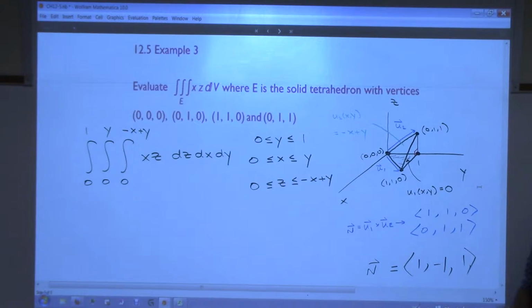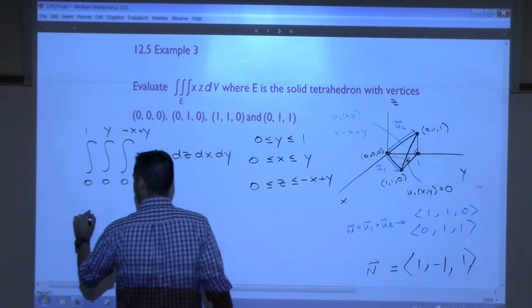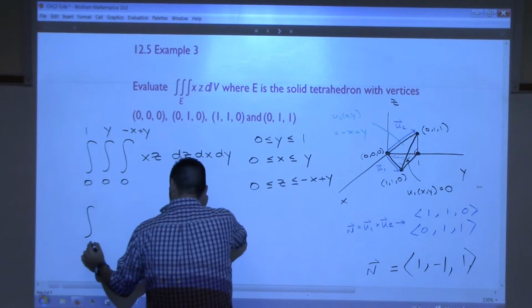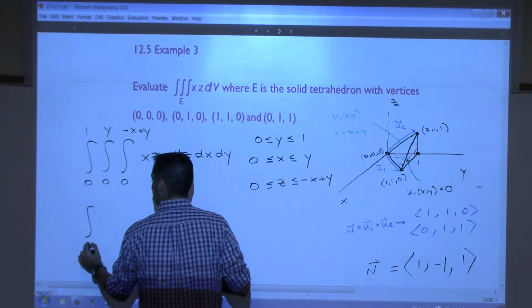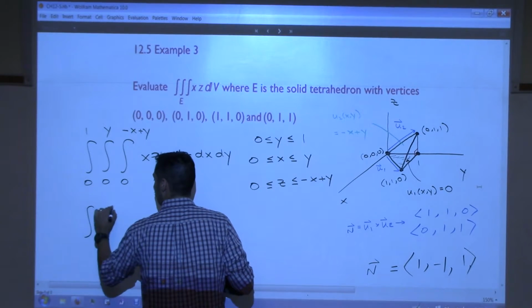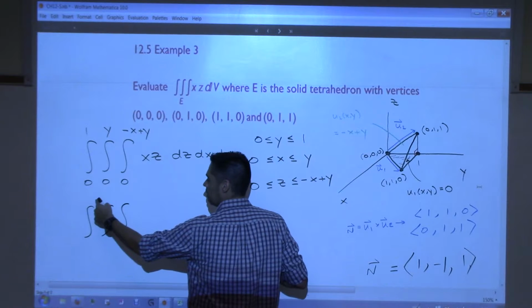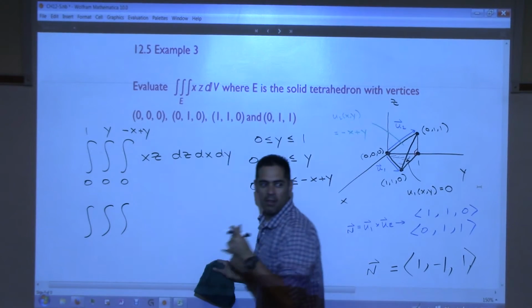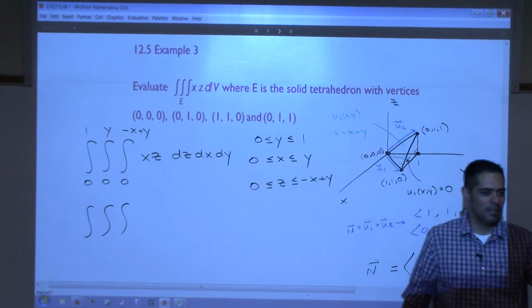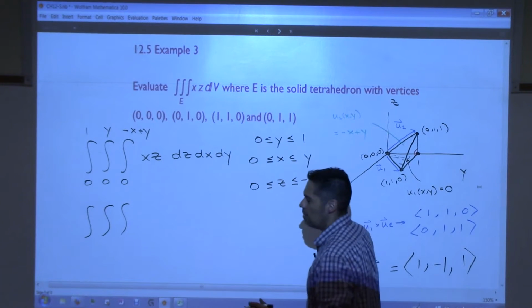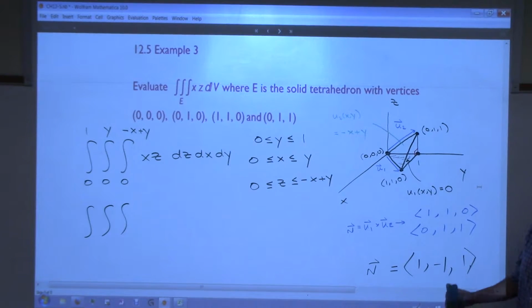Go ahead. Okay, is it 0 to what? No. It goes the integral from 0 to x. No. Nope. That's too much time. Okay.